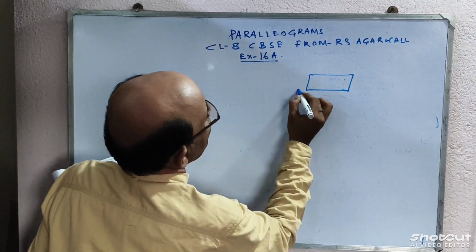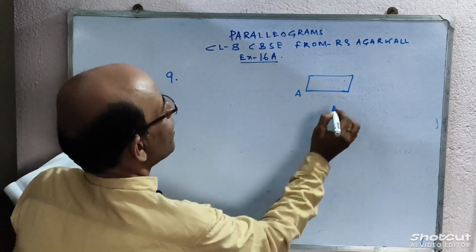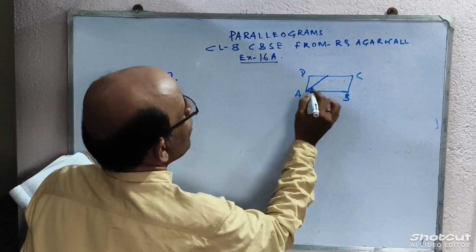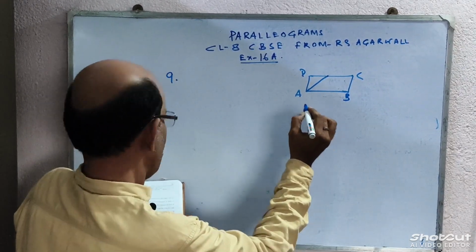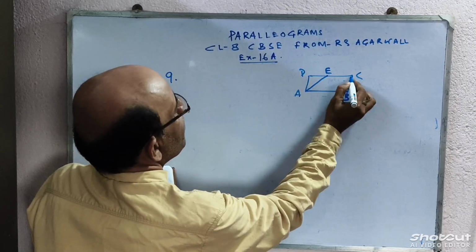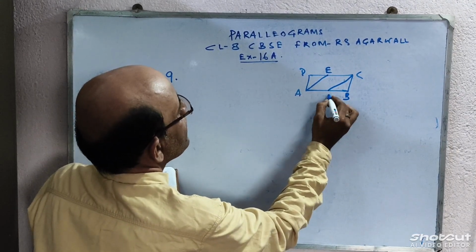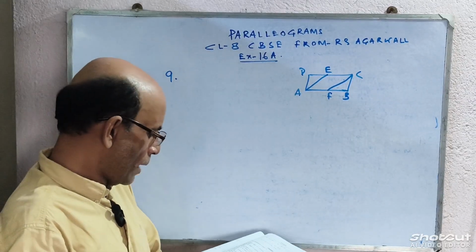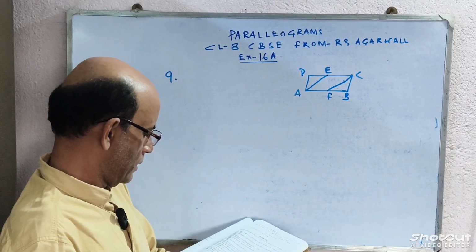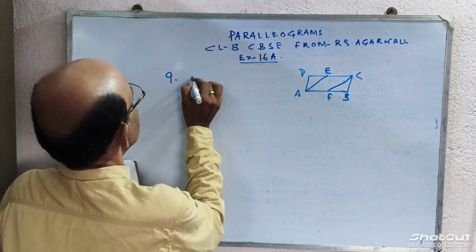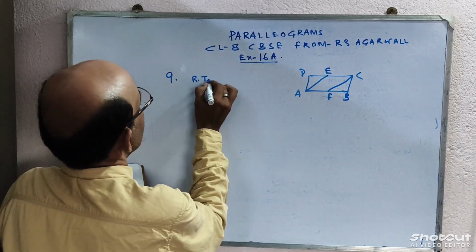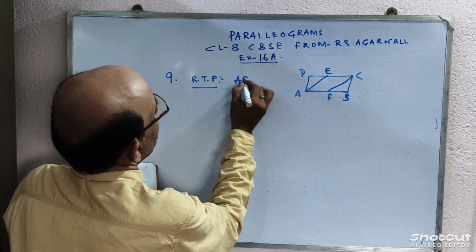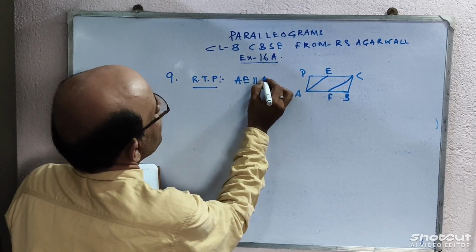The bisector of angle A meets CD at E and the bisector of angle C meets AB at F. You have to prove that AE is parallel to CF. RTP, AE parallel to CF.